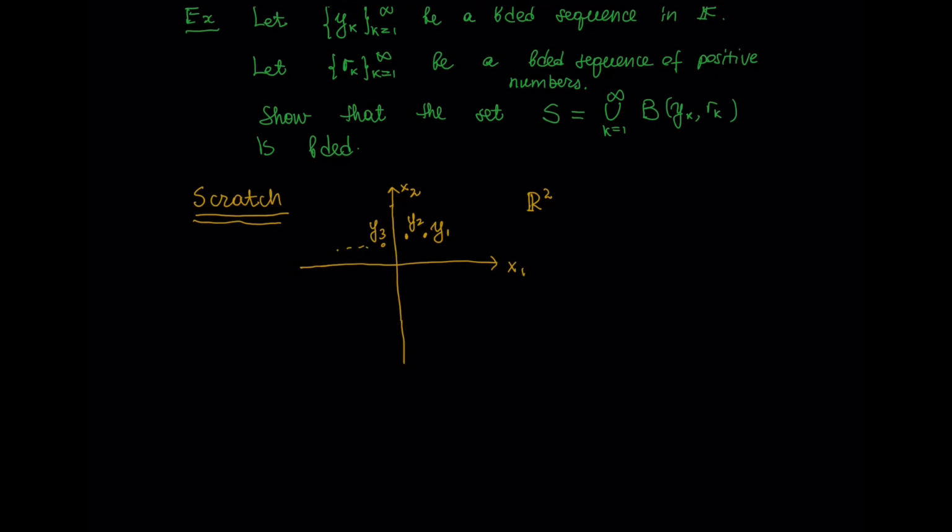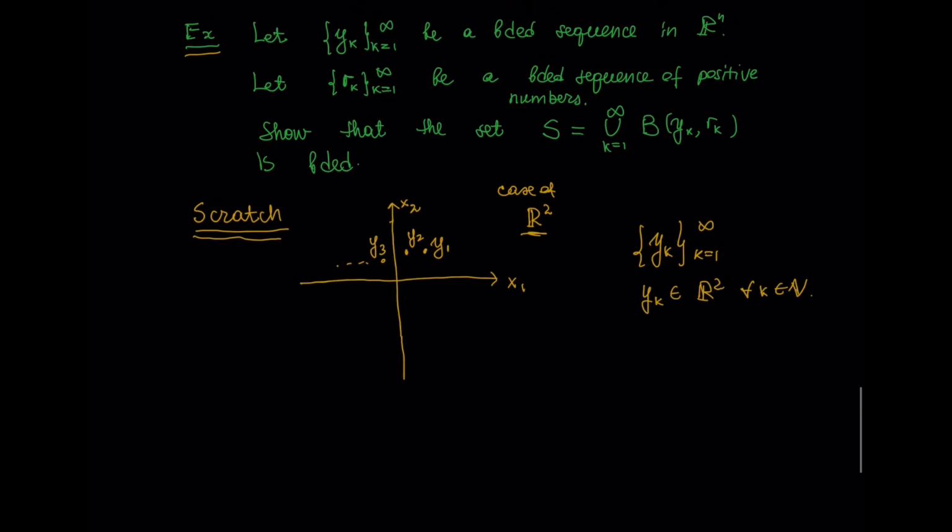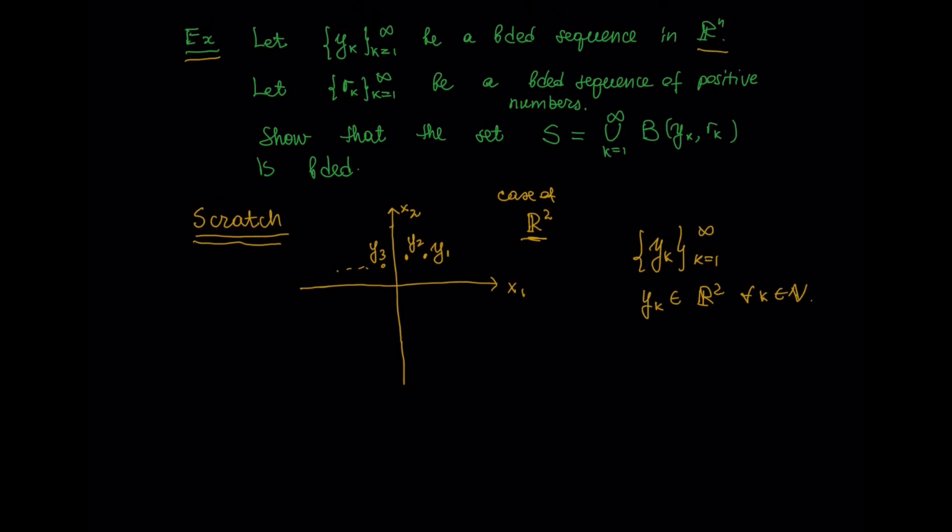So we have an entire sequence, yk, and each yk is in R2 for every k natural number. So we are looking at the case of R2. Of course, our example is the case of Rn, but we are just looking at the case of R2 so that we can understand what's going on.